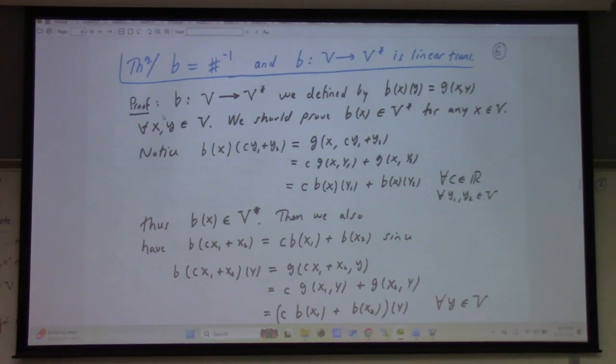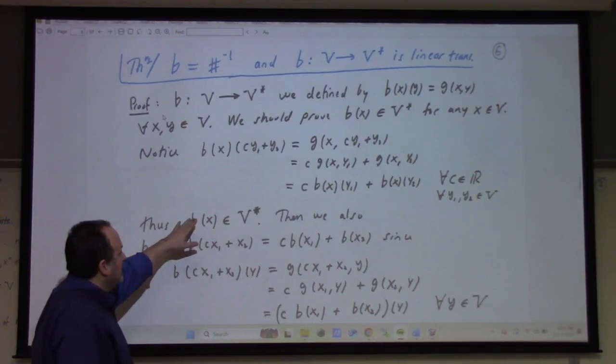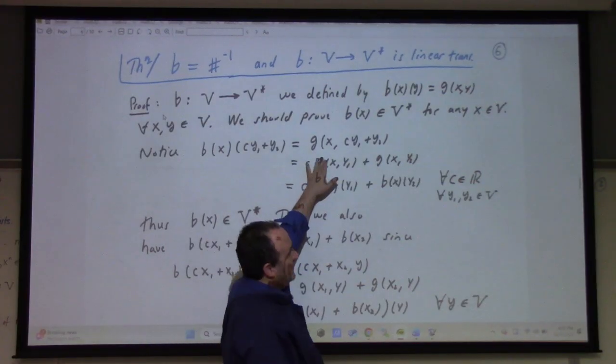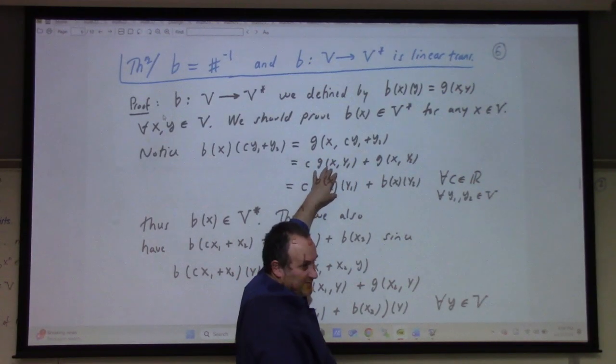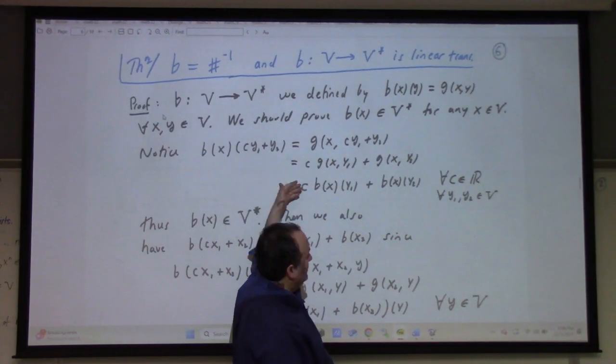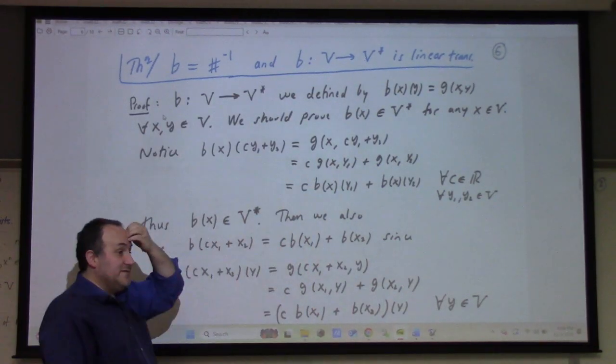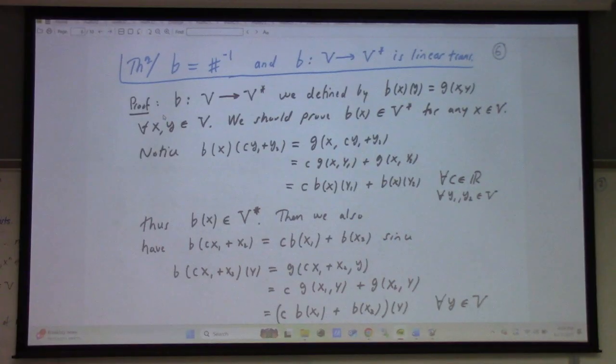The one is that the map is into, meaning the codomain is well stated. Is it clear that beta of x is in fact a linear transformation on V? I think it is, but here's the proof. We defined this to mean that, and then we have linearity in the second slot of G, because G is bilinear, so beta of x for any x is a dual vector.